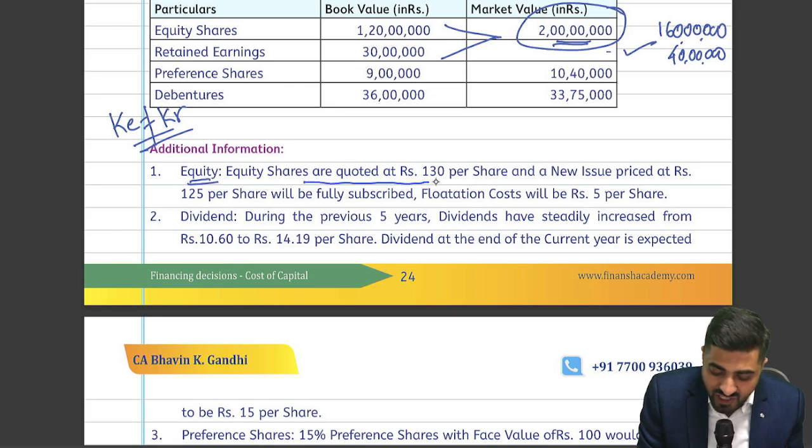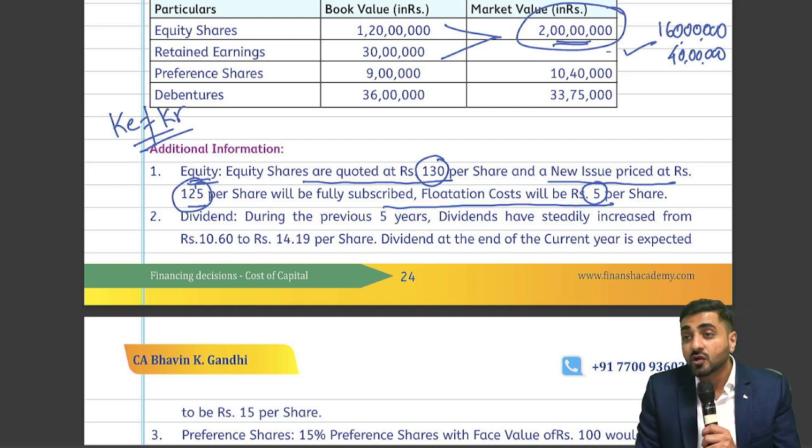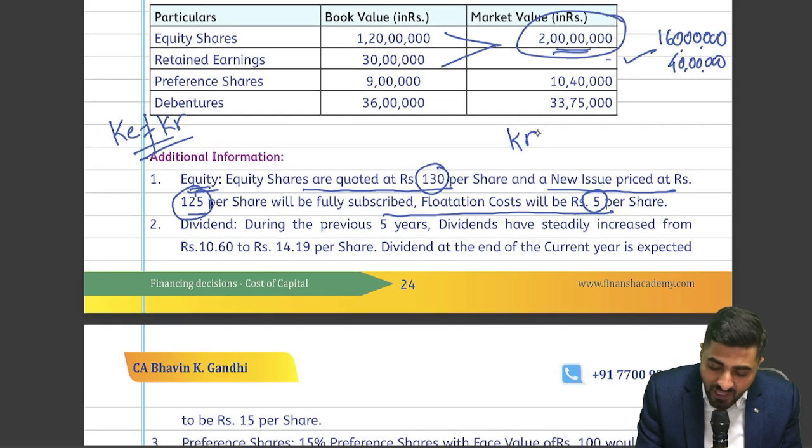Equity shares are quoted at rupees 130 and the new equity priced at 125 and the flotation cost is 5. I consider it for your KE, yes, but in KR, no. So for calculation of KR, will I take the market price of 130 only? Come on, yes or no? Yes, sir.